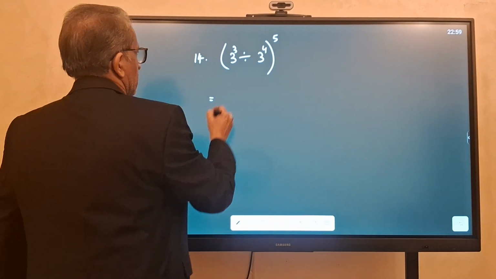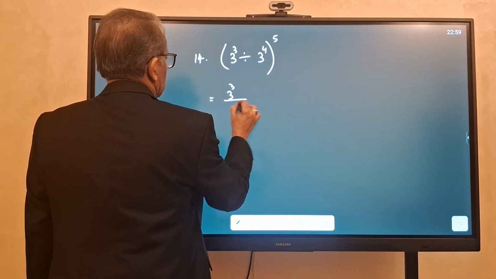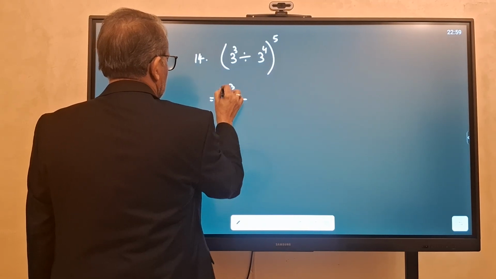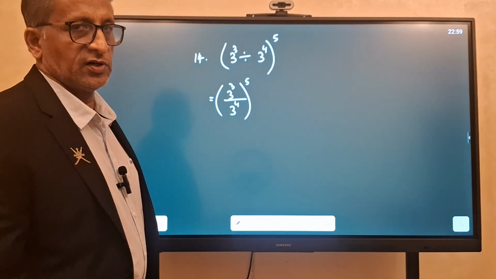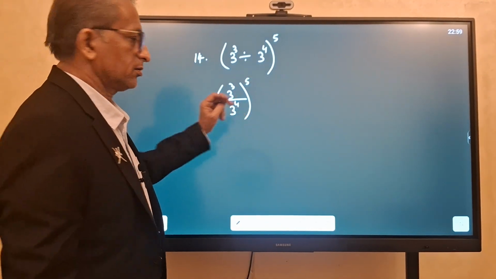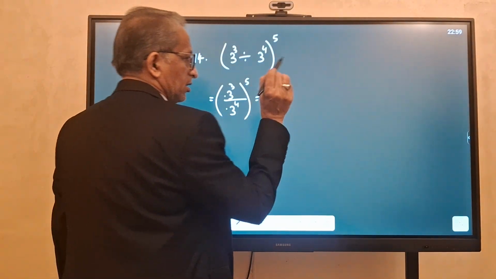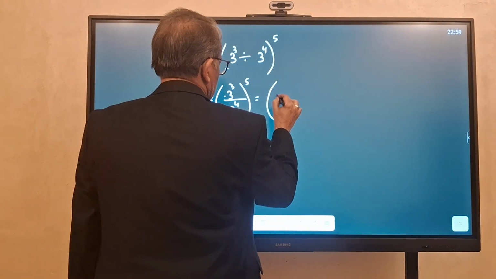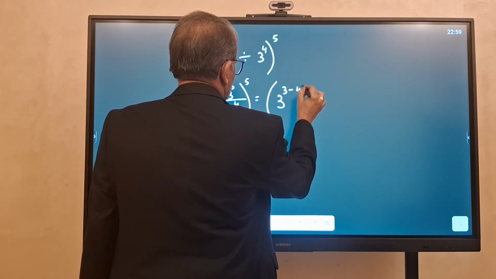This I will write as 3 power 3 over 3 power 4, whole power 5. First, division I write like this. Since the bases are the same, I apply rule number 2, that is 3 power 3 minus 4.